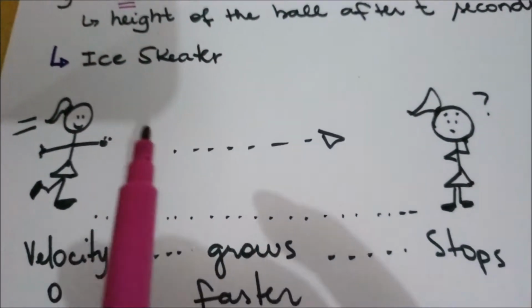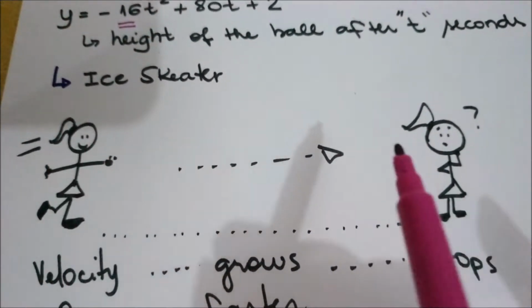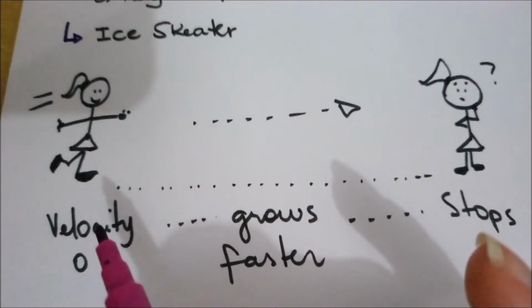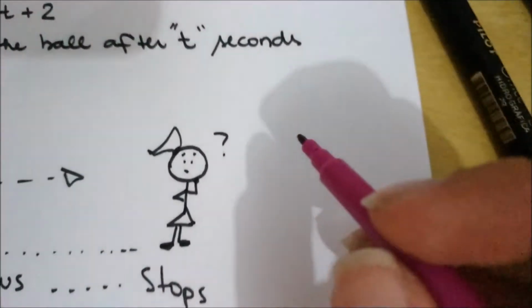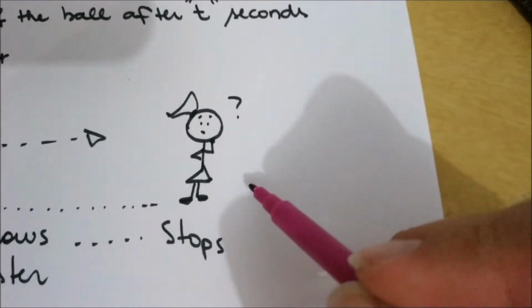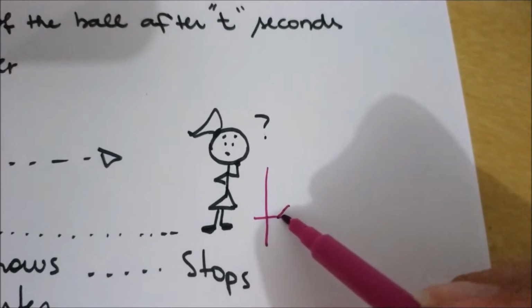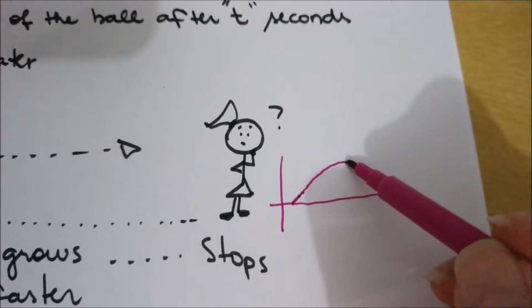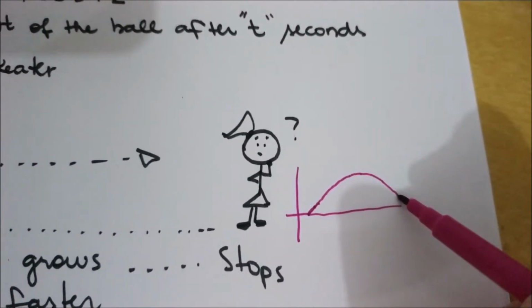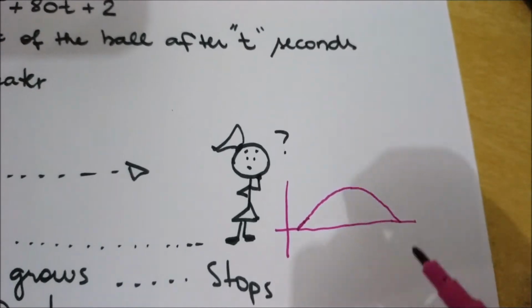Another one was the ice skater, that in this case the movement itself is in a straight line, but her velocity would grow and then stop because the ice is holding her back. Okay, so basically her velocity starts at 0, it grows, gets to a maximum point, and then it goes back until her velocity is 0 again.